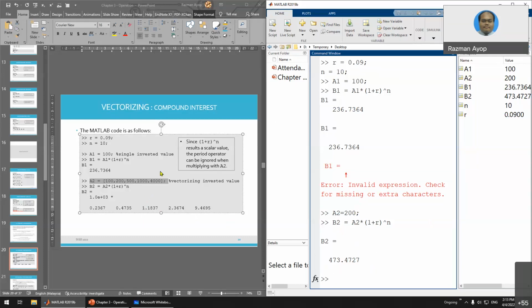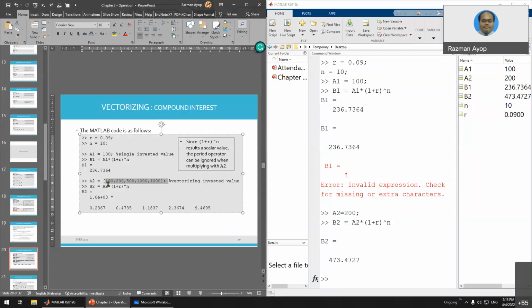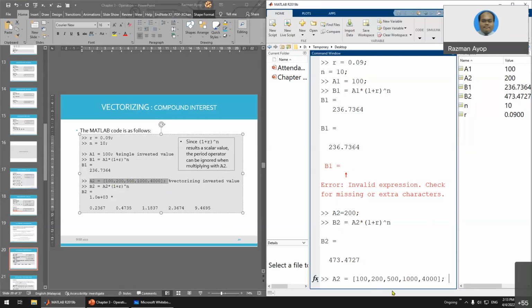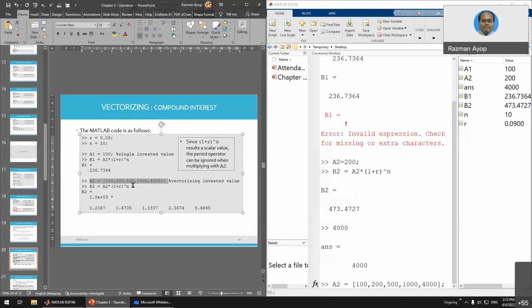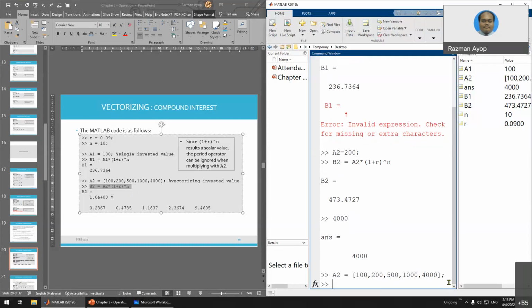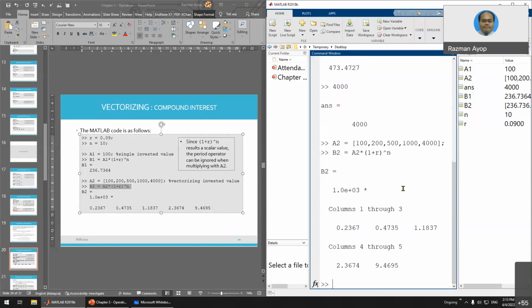So to avoid this, we just put A2 as a vector, something like this. Make it as array. You want to find 100, 200, 500, 1,000, and 4,000. The A changes. Okay, and then you use the formula directly. Okay. So you get the answer.